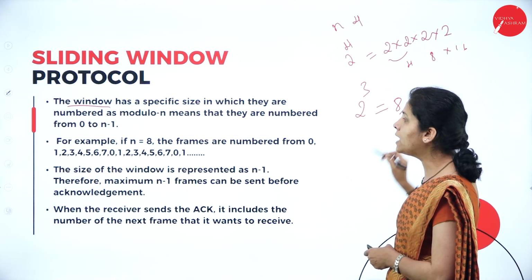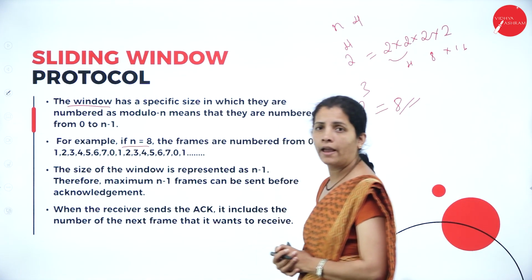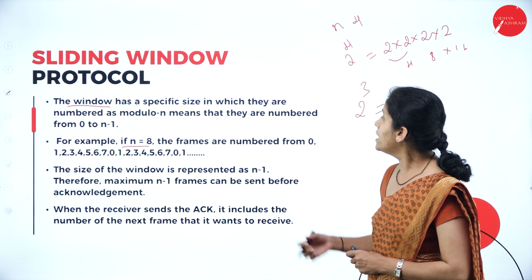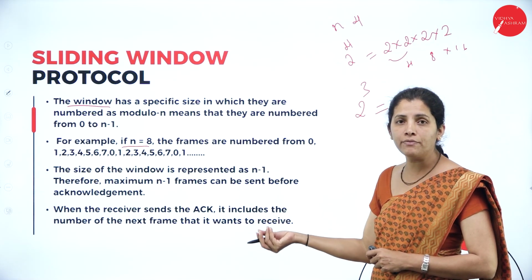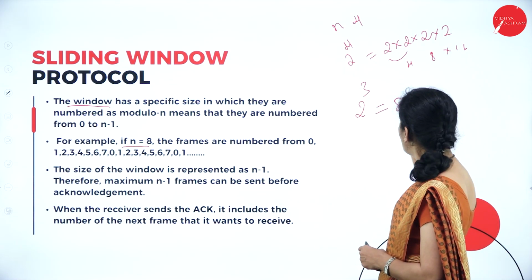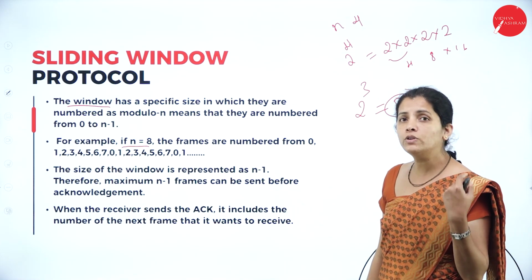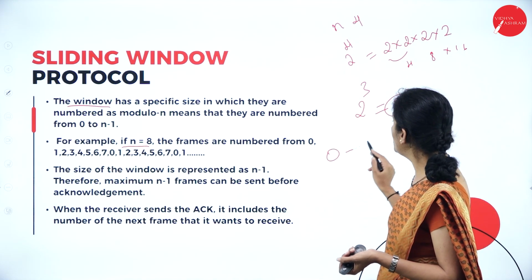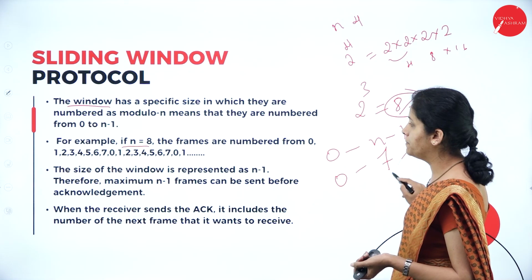And how am I going to number? See here, if n is 8, then frames are numbered from 0 to n minus 1, so 0 to 7.